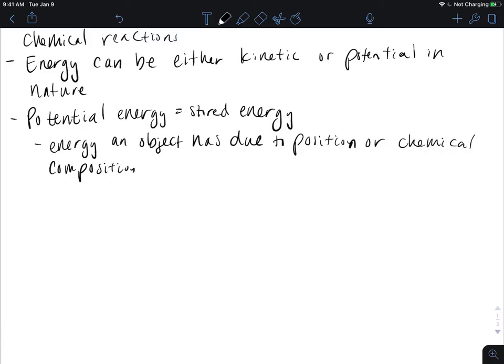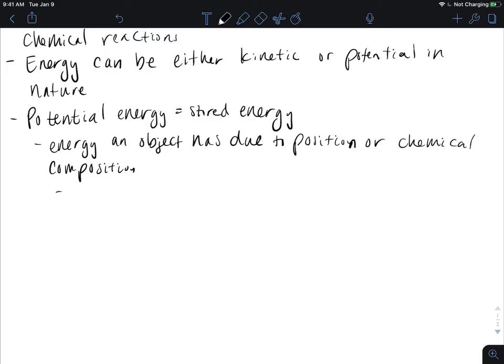So if we have something at the top of a hill that's about to be pushed over, that would have a lot of potential energy. Or food has a lot of potential energy. As we digest it, it can heat up our body, and that is going from a potential energy to a kinetic energy.